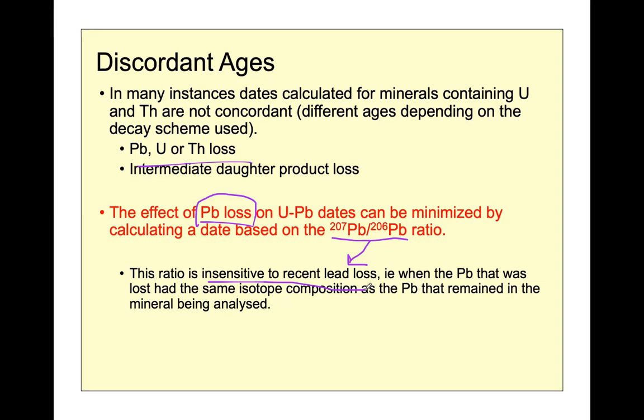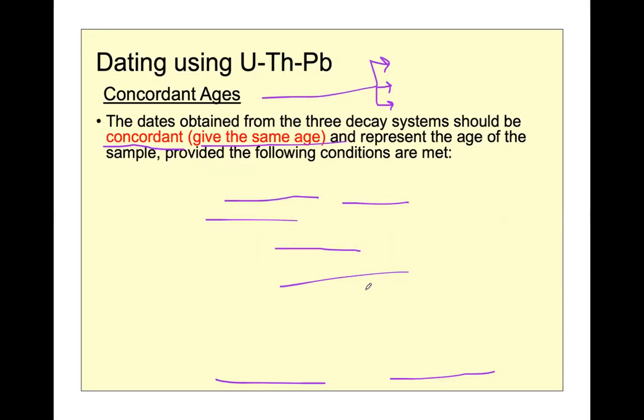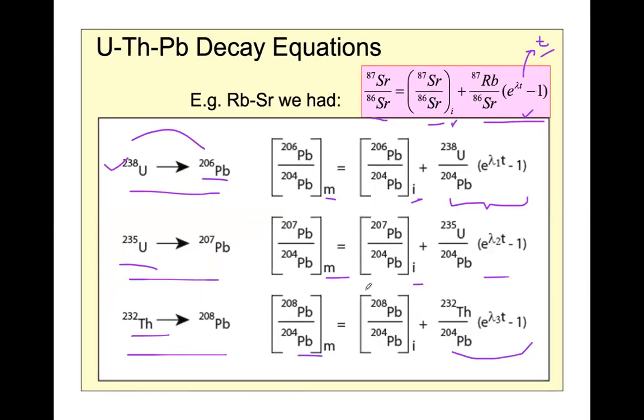But if you try to interpret 206 or 208 ages, right? Ages derived from the 206 or 208 age equations, right? For example, these ones. 207 doesn't affect much this one, right? But these ones, 206 or 208, may have been affected even by a recent lead loss, right?